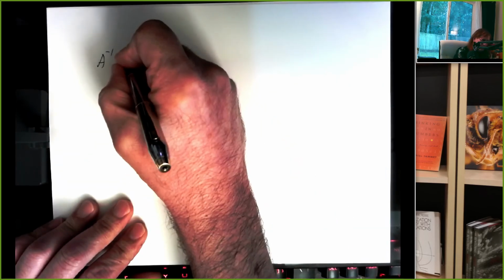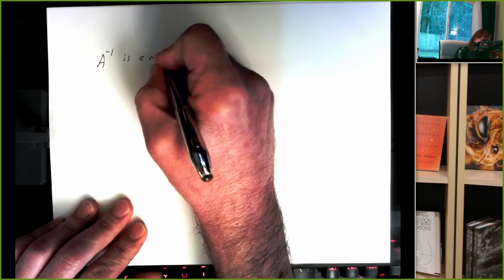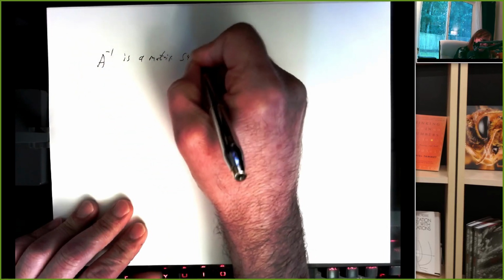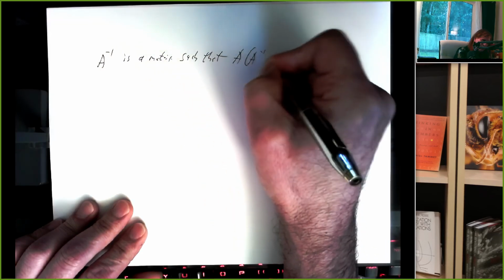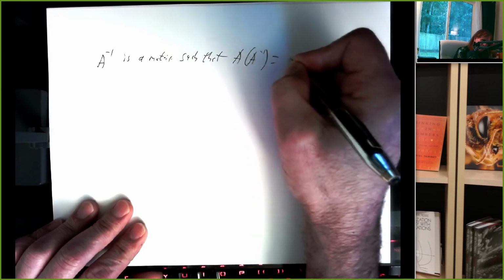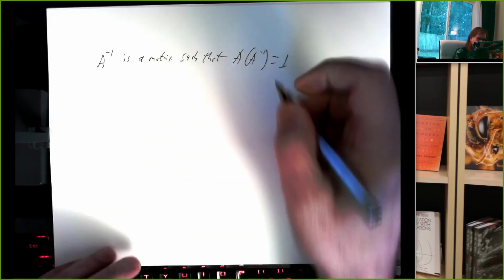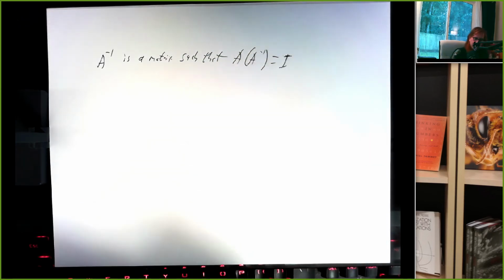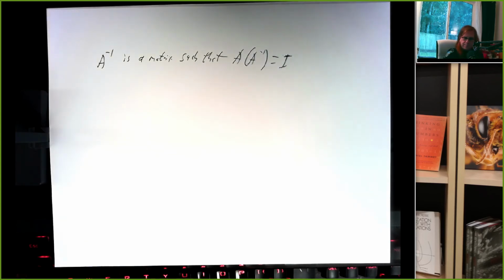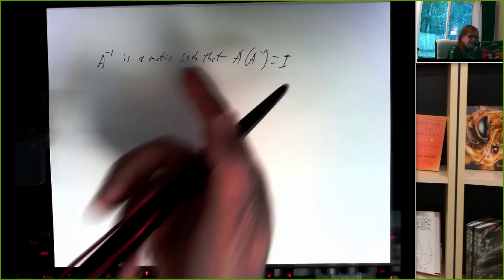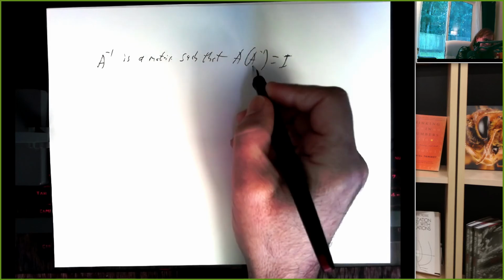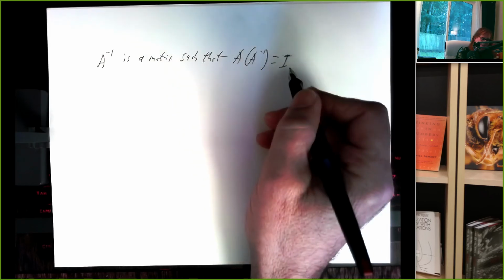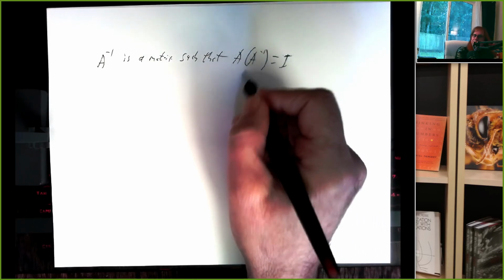So A inverse is a matrix such that if you take A and multiply by A inverse, you get the identity. That's not always possible. But if there is some matrix that when you multiply A by it you end up with the identity, that matrix is called the inverse of A.